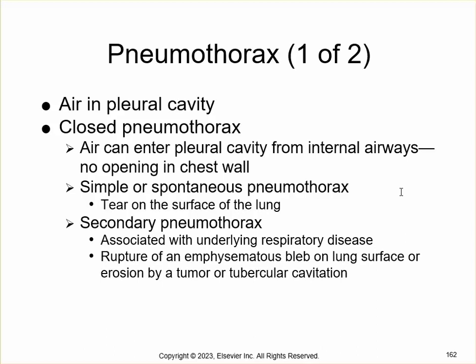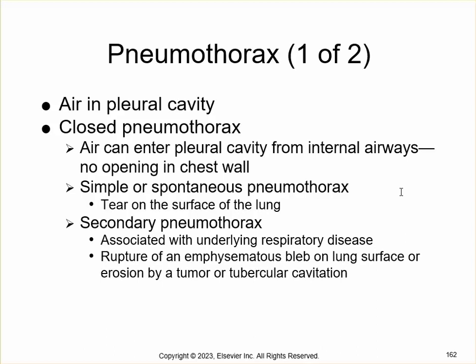One of the ways is through internal airways, and somehow a connection is made between the air in the alveoli and the pleural space, and air will rush into the pleural space because it's at a lower pressure than the alveolar pressure.